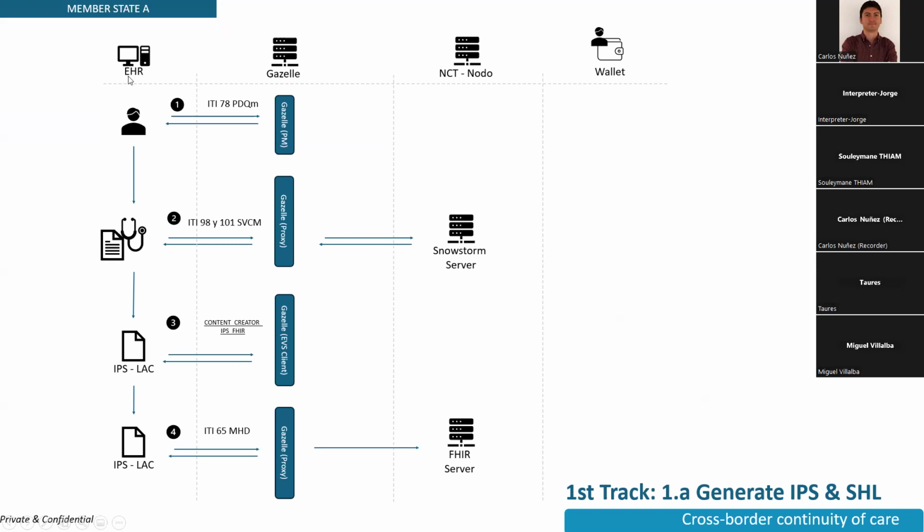So that means your system, the health share electronic health record, will exchange some messages with the Gazelle MPI simulator for the preparatory stage. After that, the MPI has an internal proxy.